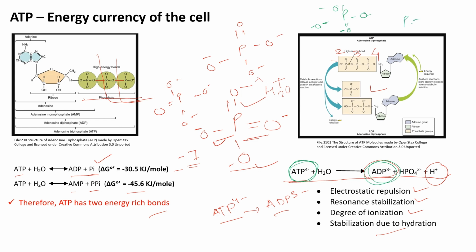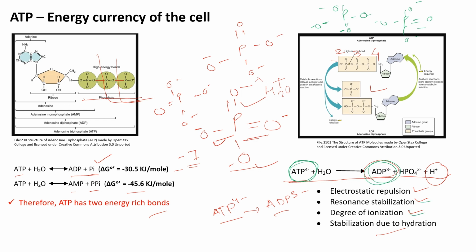We can also write like this, keeping the double bond here. So these types of structures are known as resonance stabilized structures, where electrons have more freedom to move. So this type of stabilization is known as resonance stabilization.